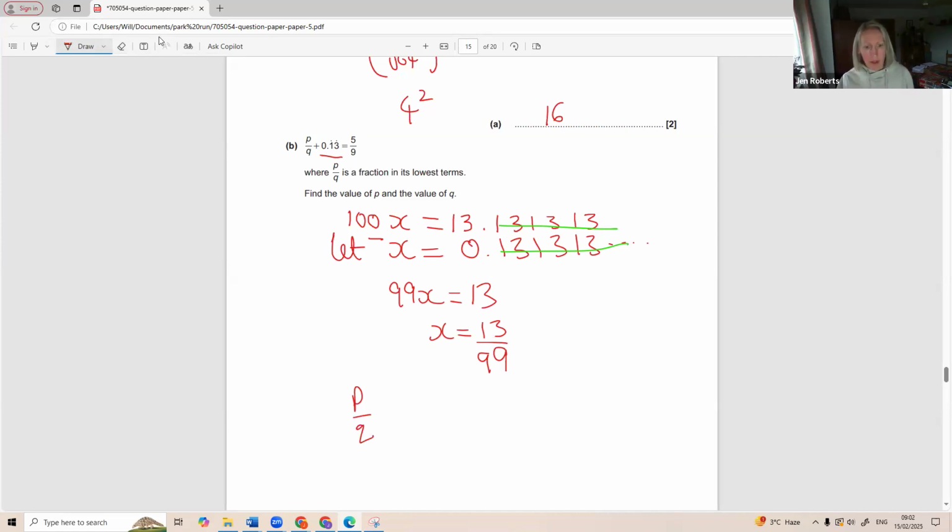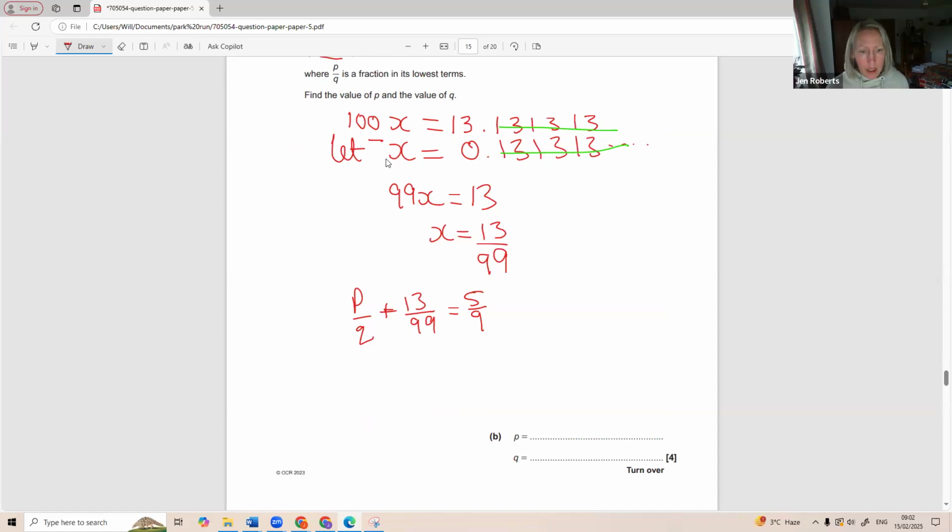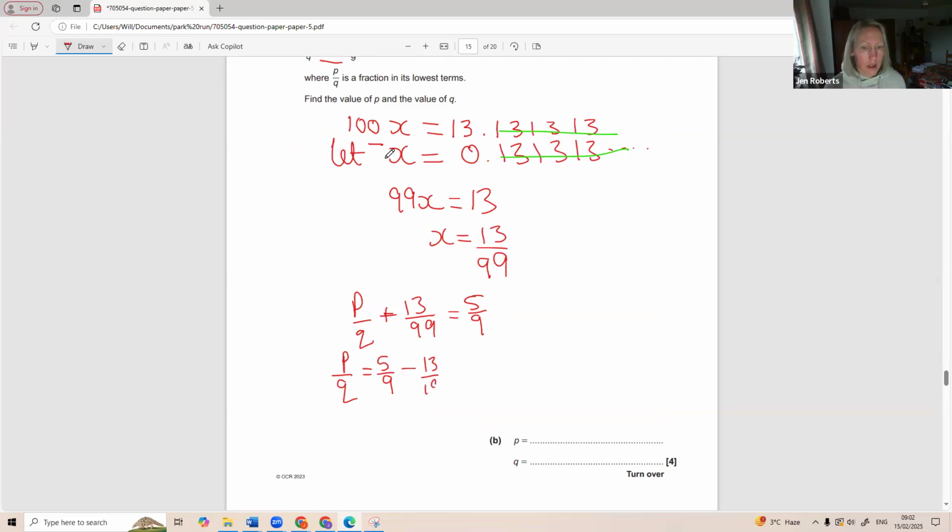Might make it a bit easier because everything's now a fraction. It's at least in the same form, isn't it? So how do we make P over Q the subject? I'm going to take 13 over 99 from both sides. Oh, sorry, that's 99. When we're subtracting fractions, we need a common denominator, which I'm going to use as 99, because the lowest common multiple of 9 and 99 is 99.